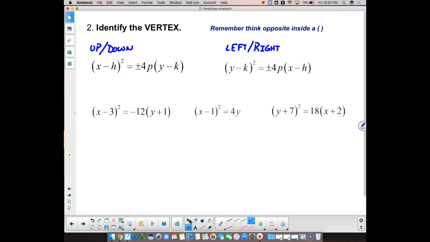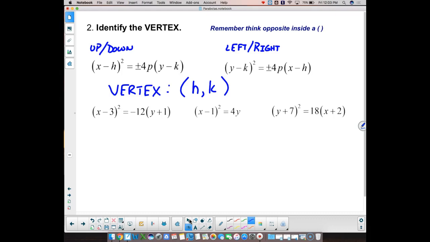In either case, the vertex is at the point h, comma, k. Just like with circles. H is attached to the x, k is attached to the y.